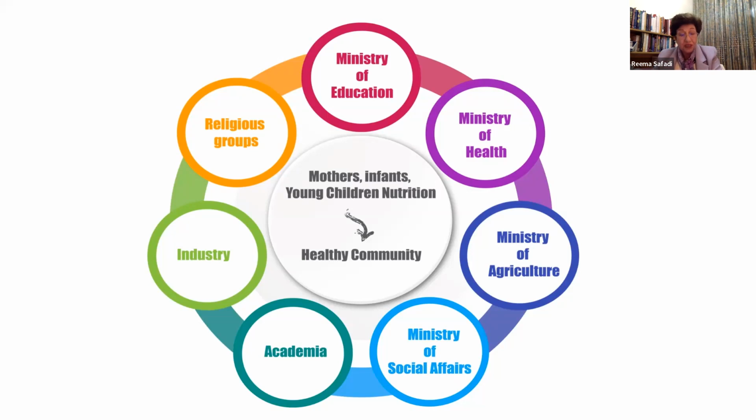One of the projects that is already in place in the Ministry of Education is the School Health Project, which was founded in 1999, and it was updated in 2005.